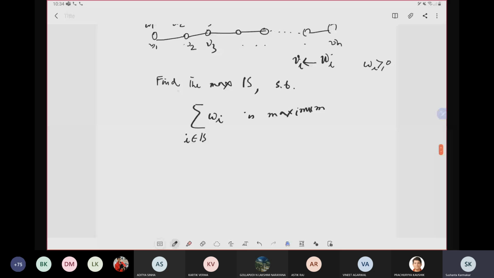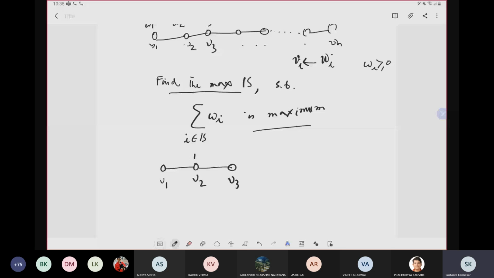But it may so happen that, I give you an example that will lead to a contradiction. Let us take these three, and let us say this has a weight of 10, this has a weight of 5, this has a weight of 4.